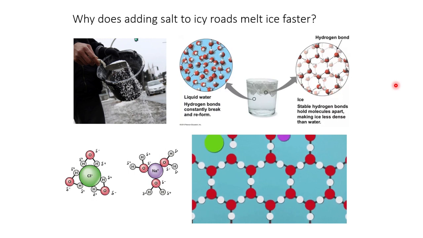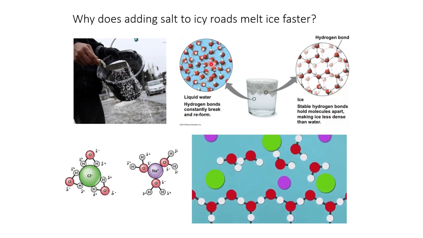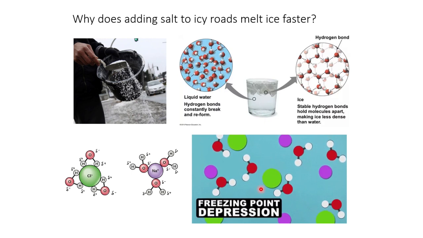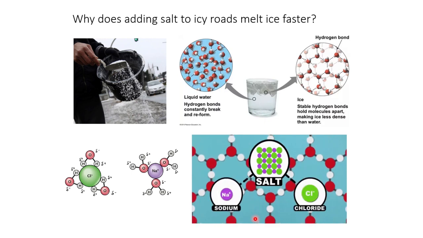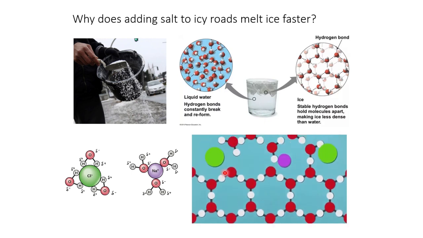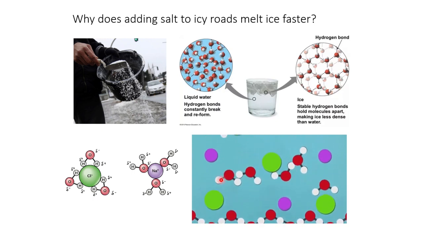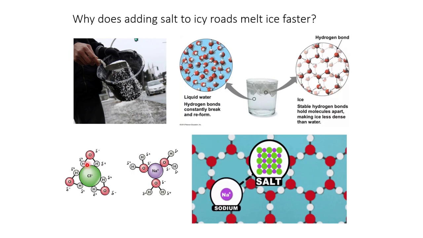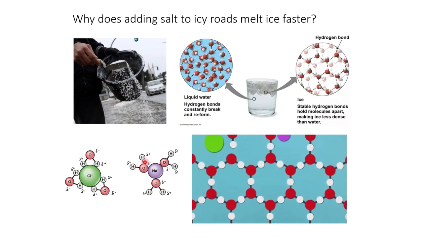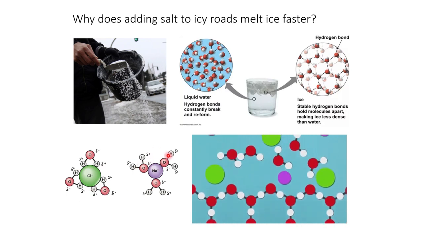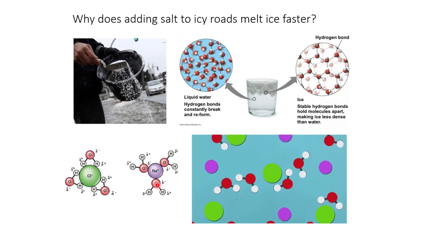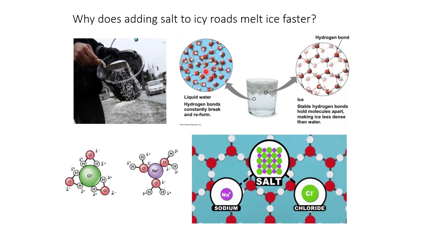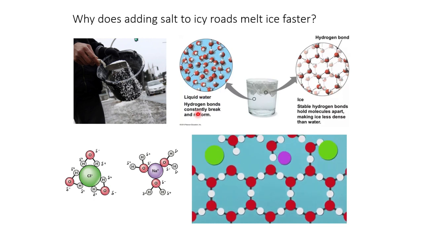Okay, so when we have salt interrupting this structure, what happens is the hydrogen bonds break because the positively charged hydrogen atoms are attracted to the negatively charged chloride ions, and the partial negative oxygens are more attracted to the partial positive sodium. You might be thinking, well, doesn't it cost energy to break the hydrogen bonds? Yes, it does.